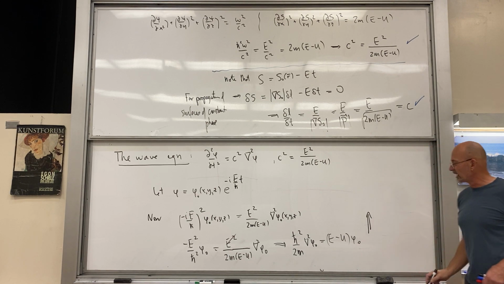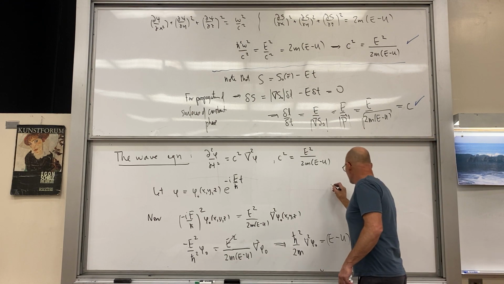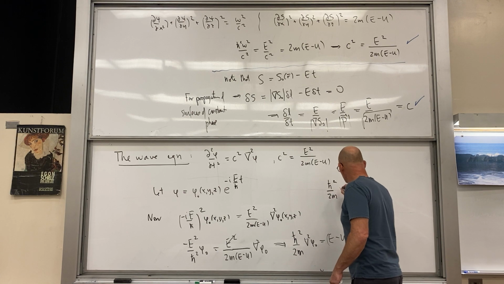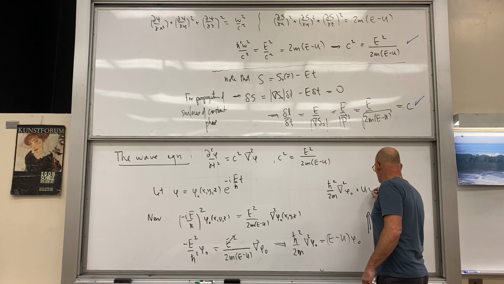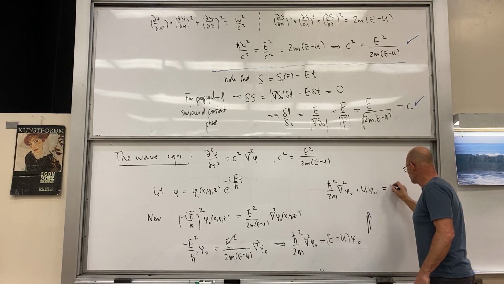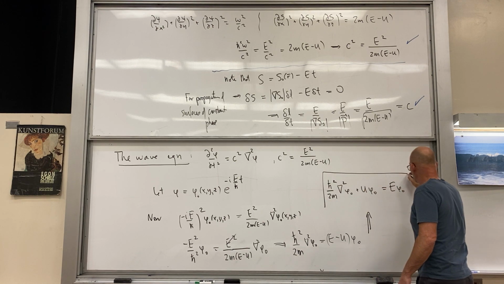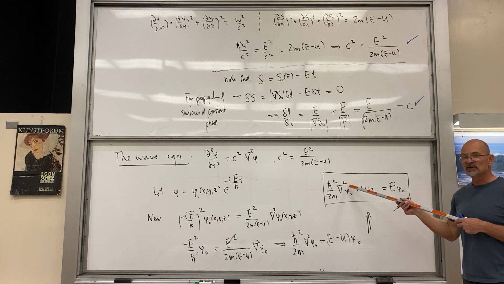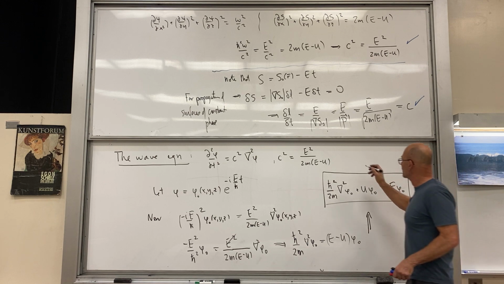Okay, but we have some room right here on the board. So what do we recognize now? We have minus h bar squared over 2m del squared phi naught plus U phi naught is equal to E phi naught. And that is the time independent Schrodinger's equation.